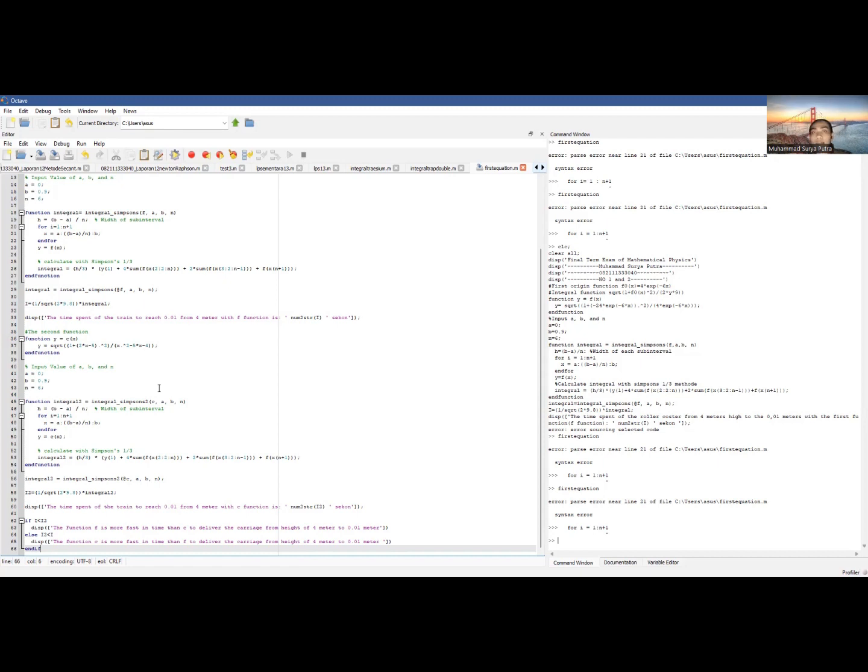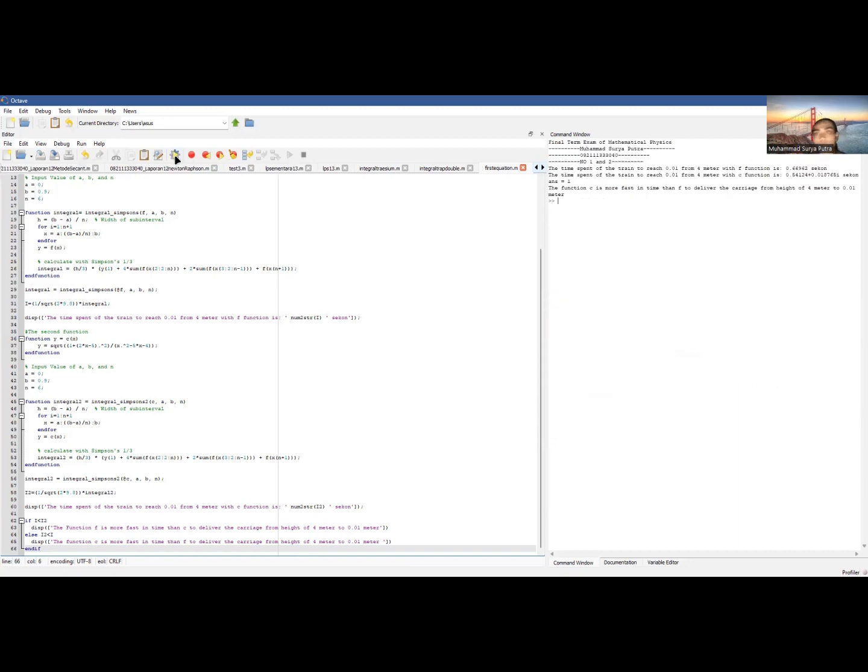It's not purely linear in y or purely linear in x. So we have this composition of x and y. So x goes from 0 to 0.997 meters, and the height is from 4 meters to below 0.01 meters. So yes, I would run this first to see how it works.